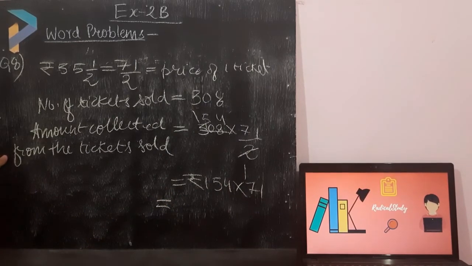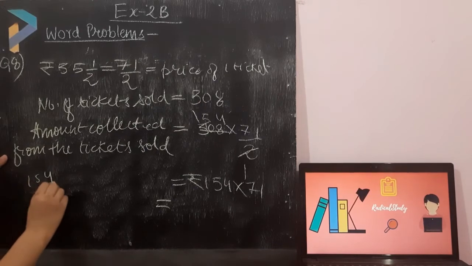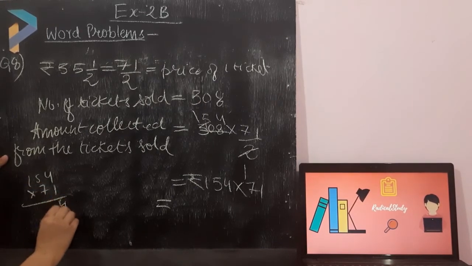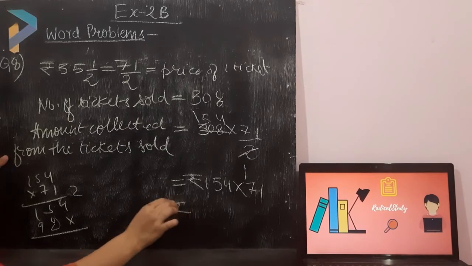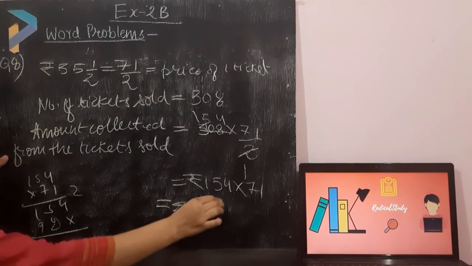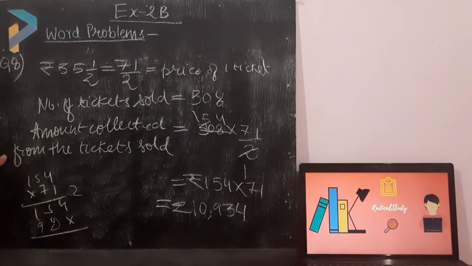So I am multiplying it, 154 multiplied by 71. So the answer is rupees 10,934. Okay students. Now I am going to solve the next question, which is question number 11.